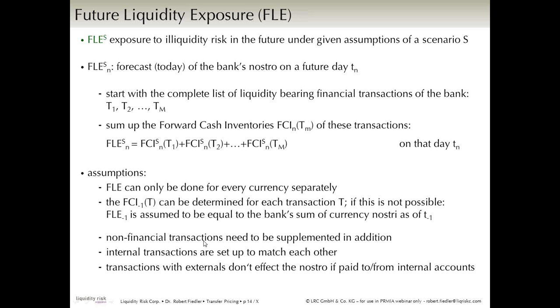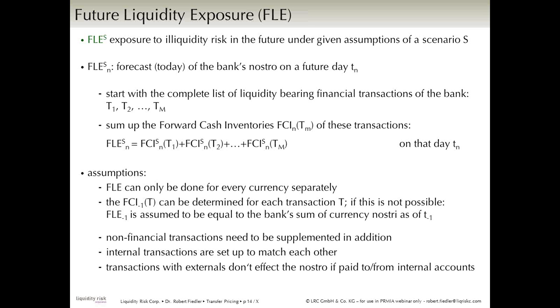We need to add non-financial transactions if they're not already there, and we need to properly see the internal transactions, and then we have to think about transactions which are external but do not really have an impact internally.